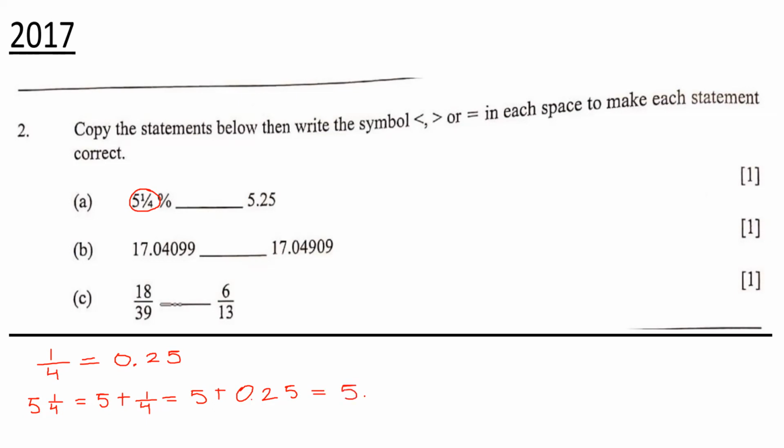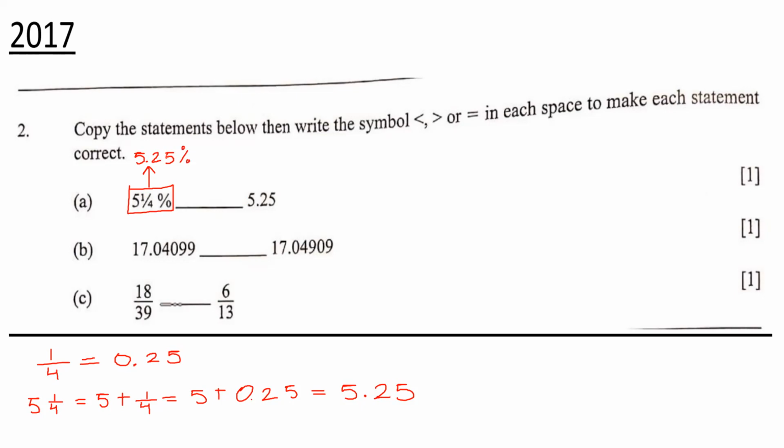And that's very important to note, because what this basically is saying is that we have 5.25%. So instead of having it as a mixed number, we could say that this whole quantity is the same thing as saying 5.25%.